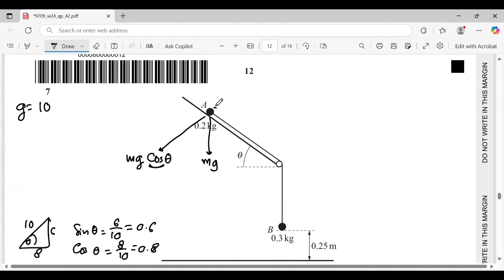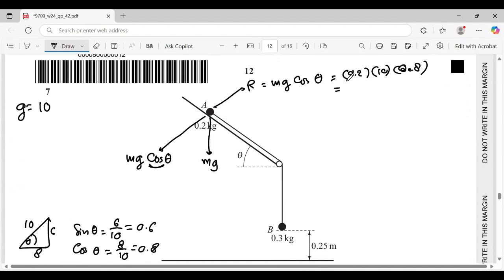It's the same as the reaction R. R is mg cosine theta, so it is 0.2 times 10 times cosine theta 0.8.